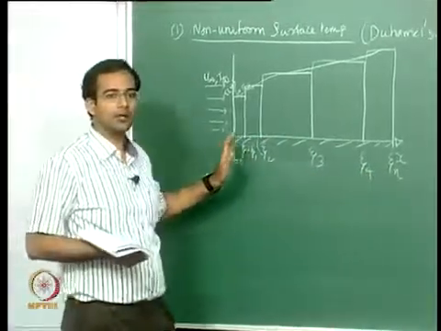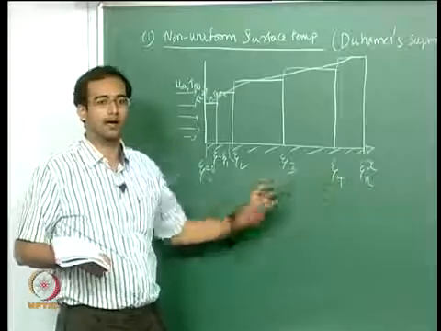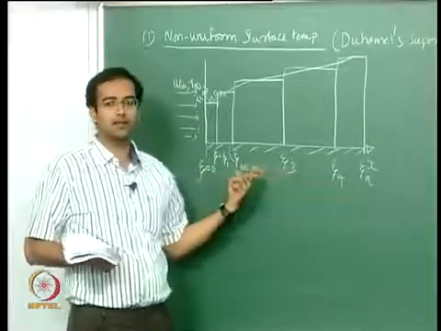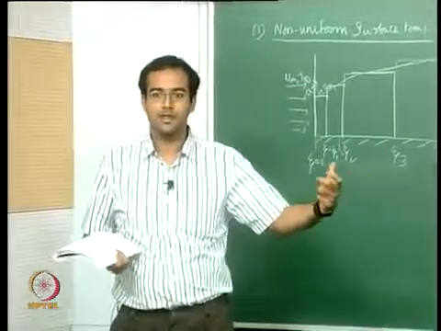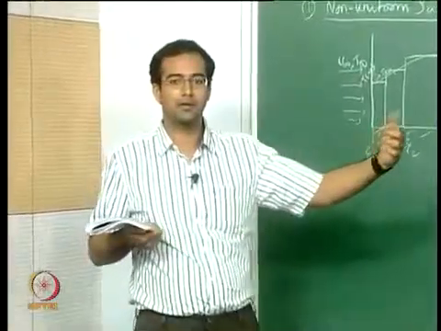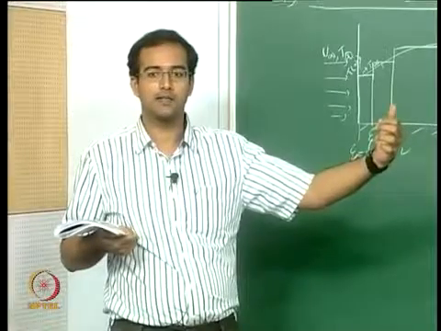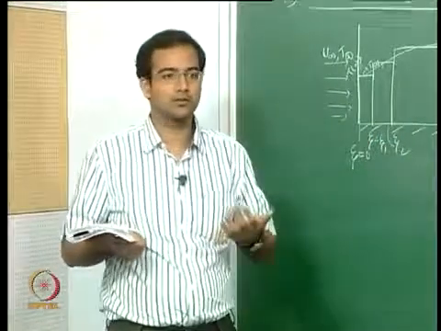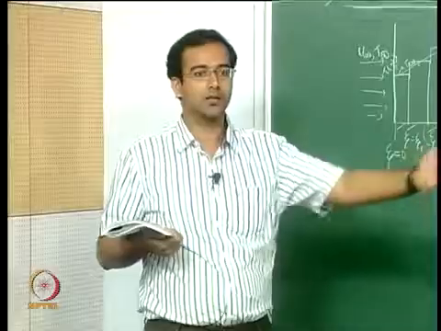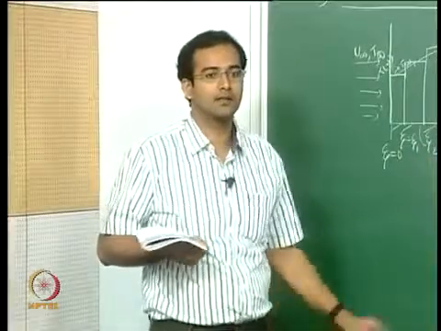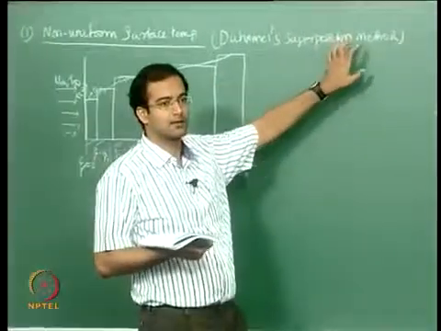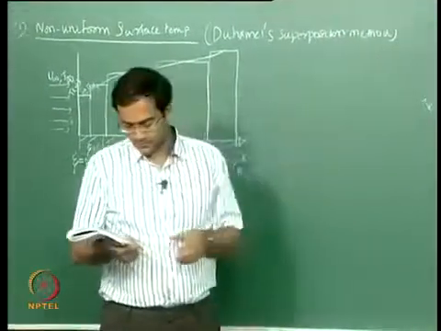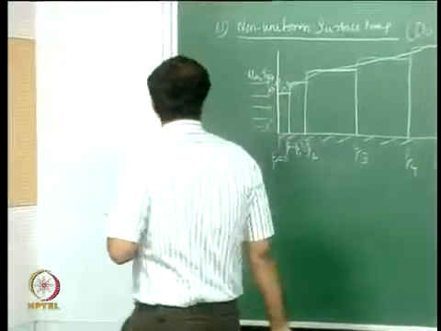Then you have individual solutions where you have an unheated starting length and the rest of the plate has a uniform temperature. So you break up the problem into multiple boundary conditions, you already have those solutions, and you superpose them together, and that gives you the solution for this problem. That is why it is called the superposition method. It is also called the Duhamel method.